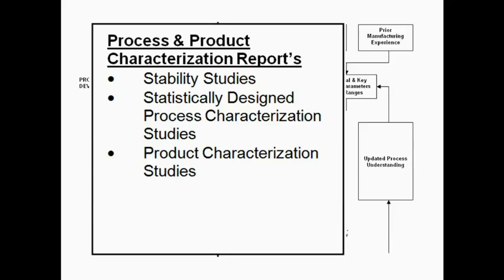So using risk assessment and statistically designed studies, we will have a clear understanding of the critical quality attributes associated with our product and the critical processing parameters associated with our process. And we will also have structure function analysis of our protein drug substance therapeutic. We will know its amino acid profile, its peptide profile, carbohydrate content, specific activity, etc.